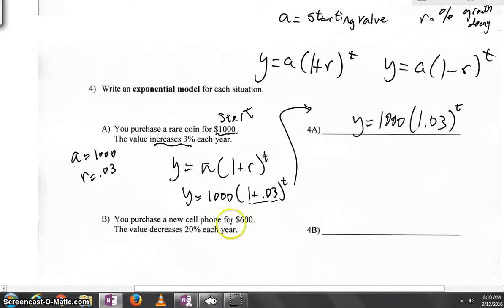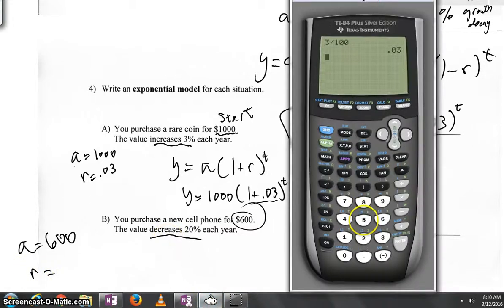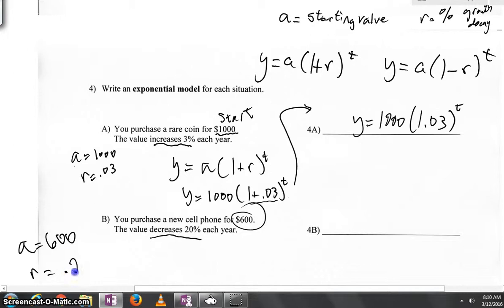For part B, let's say you buy a new cell phone and it's $600. So of course that is your starting amount. Depreciation, we're going to see a decrease of 20% each year. Well, again, to be safe, just type in your percent and literally divide by 100. And you'd see that you're at 0.2, or if you'd rather, 0.20.